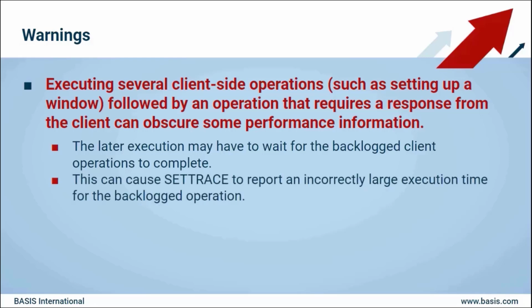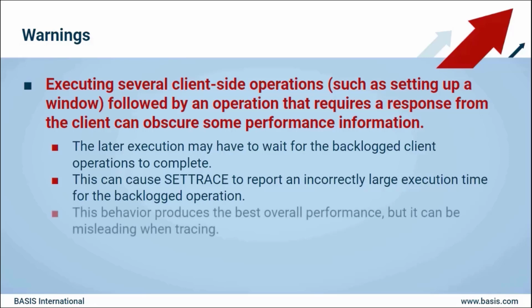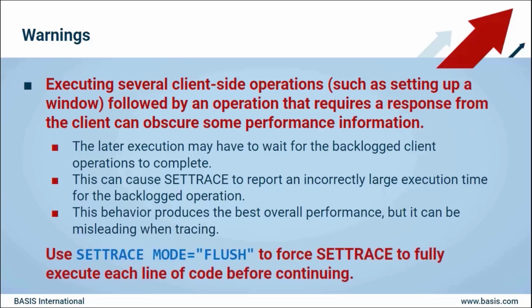Obviously, this can cause SETTRACE to report an incorrectly large execution time for that backlogged operation. This behavior will produce the best overall performance, but it can be misleading when tracing. Therefore, there is a SETTRACE mode, EQUAL FLUSH, which forces SETTRACE to fully execute each line of code before it continues. This gets around that concern.